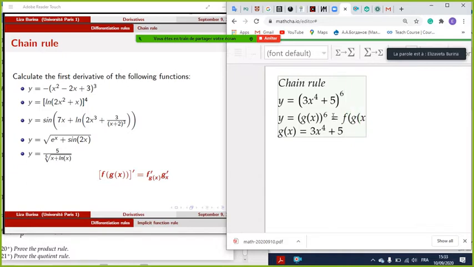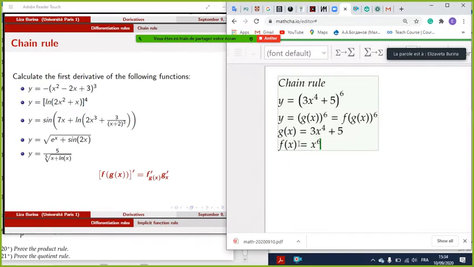And what is f doing? The f function is putting everything, like let's say f of x, right? So normally function f is just x to the power of 6.